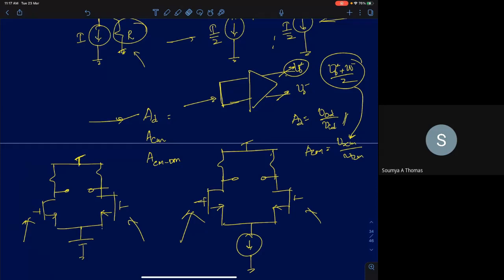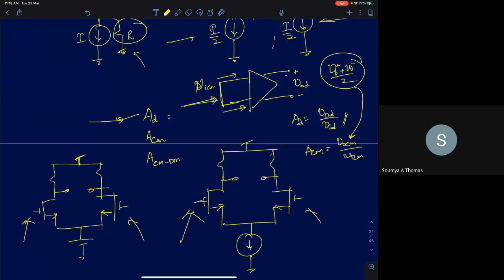Finally, we defined a very important parameter called ACM-DM. ACM-DM is measured this way: you apply a common input, VICM, the same input for both the inputs, and then you take the output differentially. But you're applying the same input.